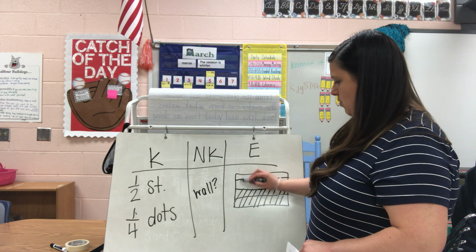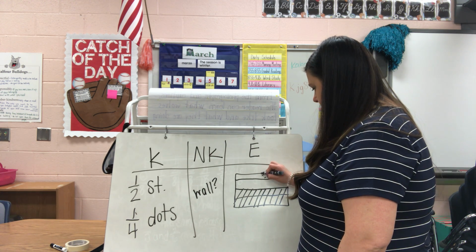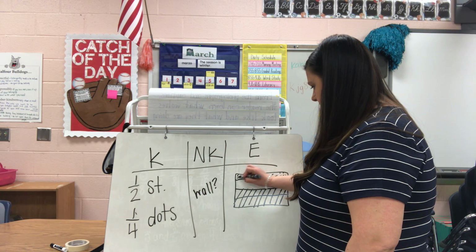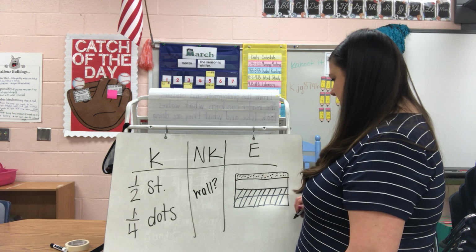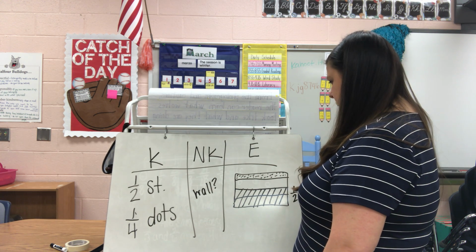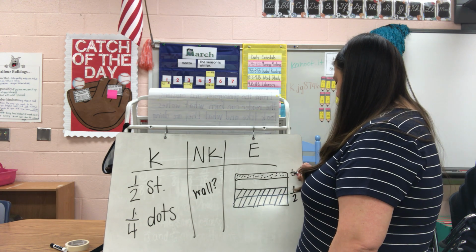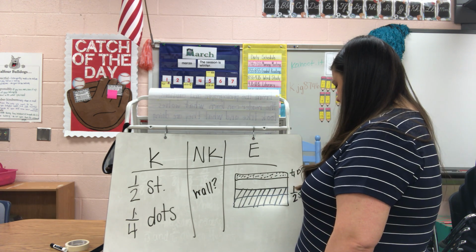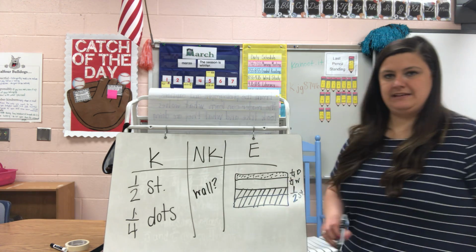But I only need one area with dots. So Alfonso's wall has to have half stripes, a fourth dots, and then there's another fourth that's just plain white.